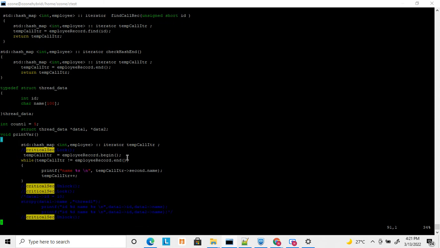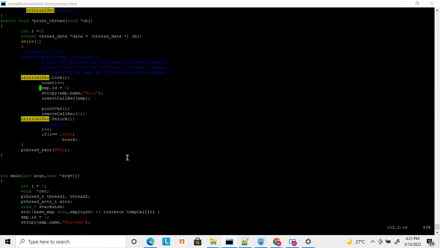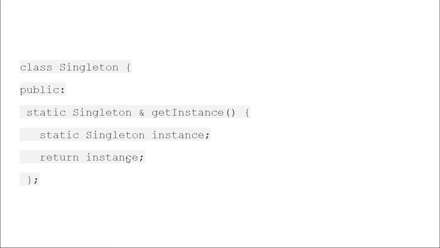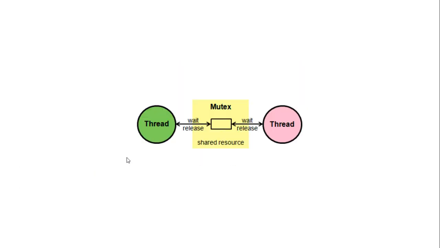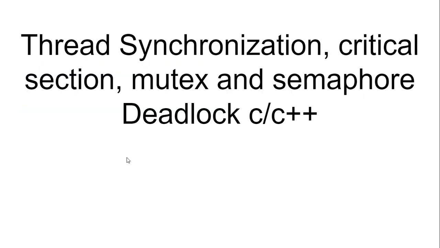So this will make sure that the locking and unlocking is done properly. So a single object is doing the locking and unlocking. So this is how you can make the locking mutex completely thread safe. So friends, this is what about mutex and semaphore.